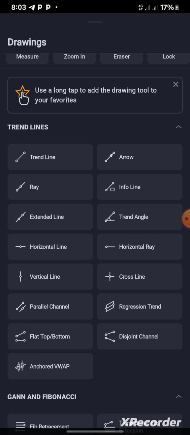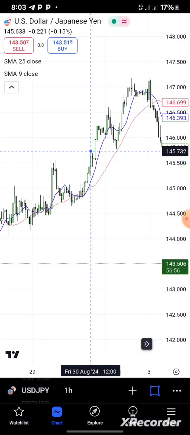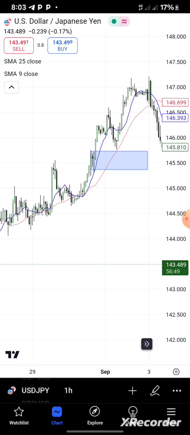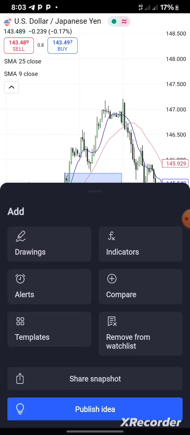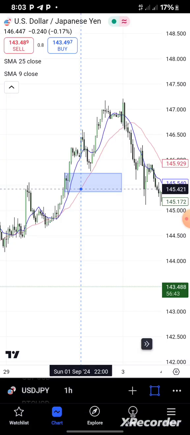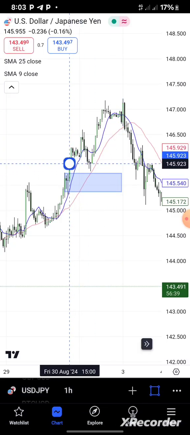Let me show you the last zone. You can see this zone right here. Price taps into that zone. There is also a fair value gap here.